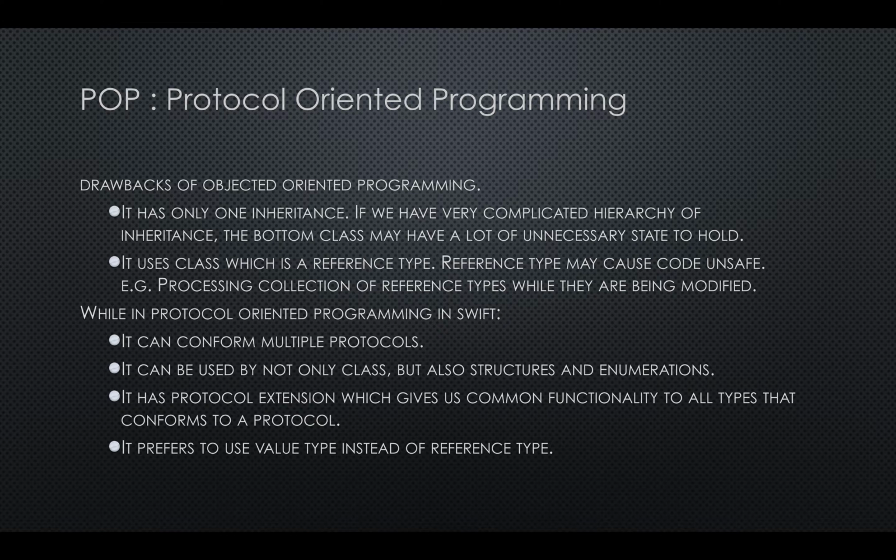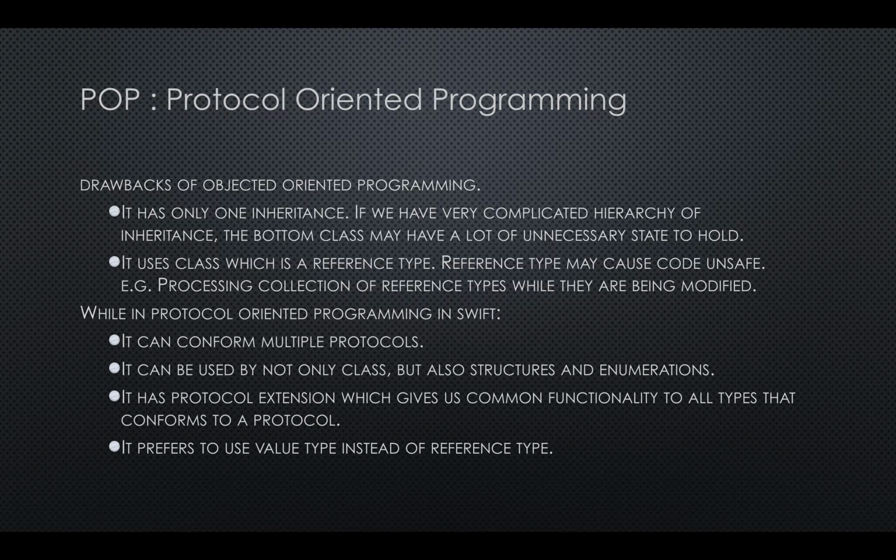So let's say class A extends from class B, class B extends from class C, which extends from class D. Due to the hierarchy, the lowest class ends up having a lot of data which it doesn't even require. So it creates a complicated hierarchy, and the end result is not even required.